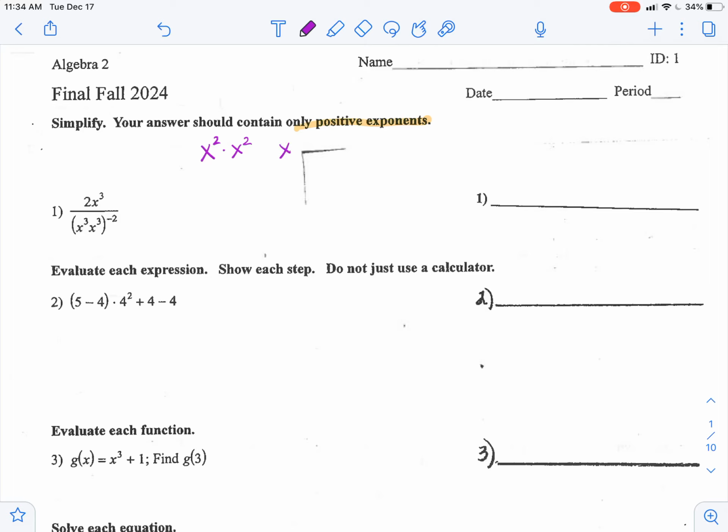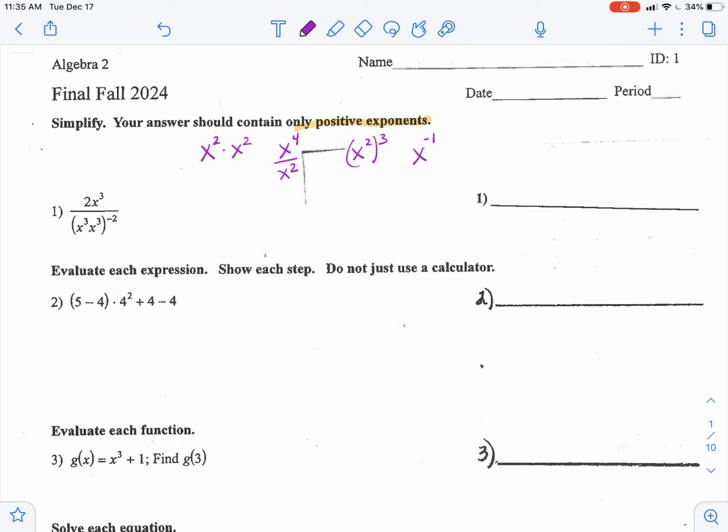What do you do when you need to divide? And what do you do when you have a power to a power? And the last one is, what do you do when you have a negative in the exponent? So you're going to be applying those three rules to this problem. So pause the video and work out your answer.